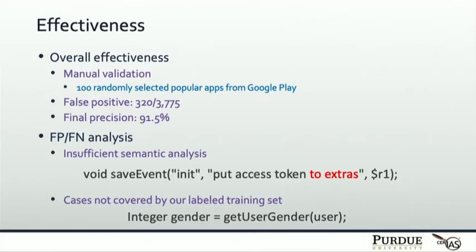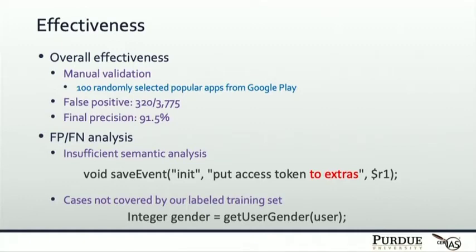For the false positives and false negatives, some of the false positives are caused by insufficient semantic analysis. In this example, ClueFinder reports that the variable R1 here contains the access token information.